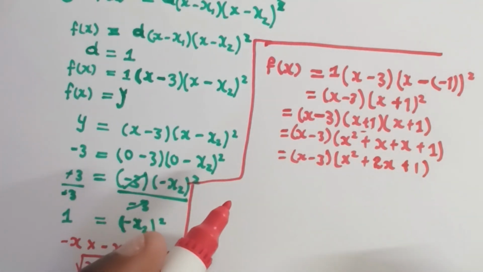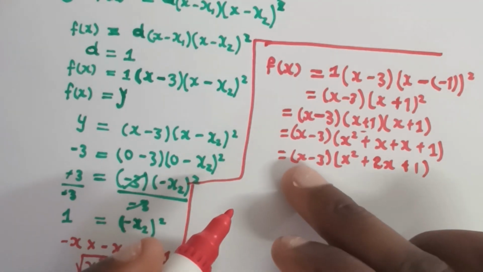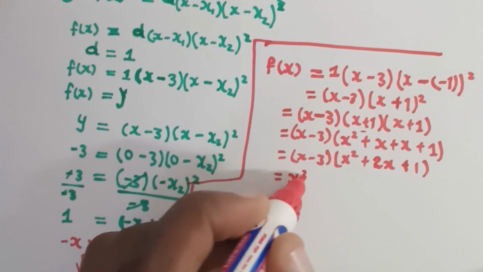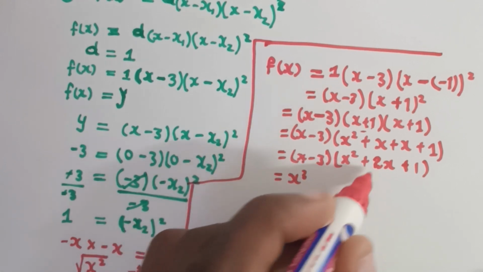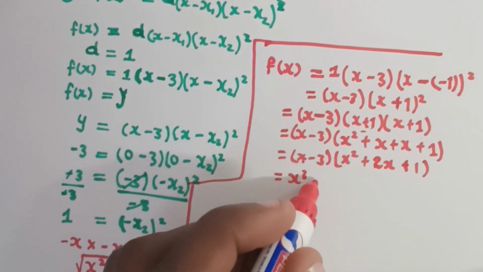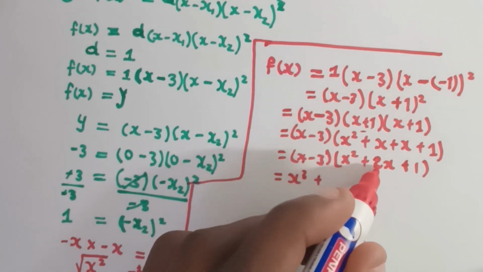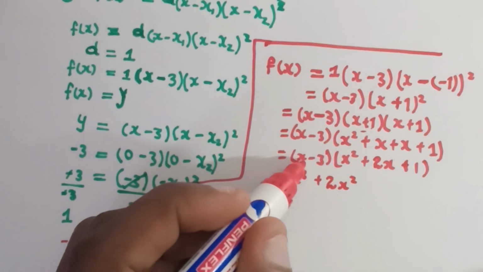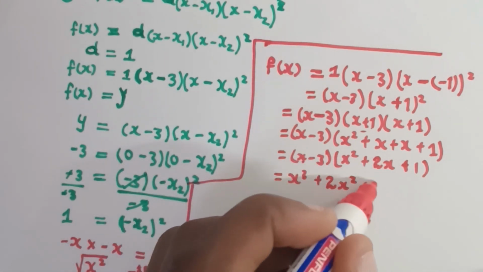We say x times x squared, and we get x cubed, and then x times +2x, we get a positive 2x squared, and then x times 1, we get a +x.